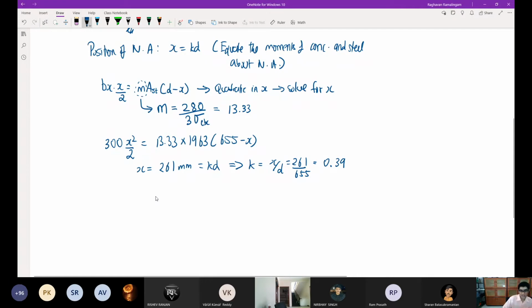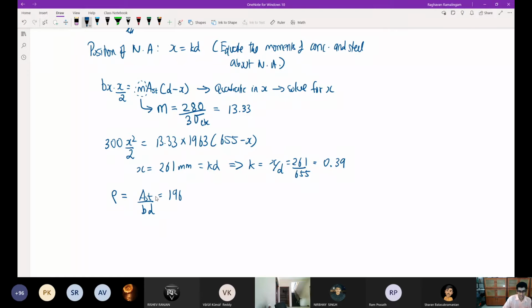There's another alternate method to find this k using a formula. For that, you use a quantity known as rho, which is nothing but Ast by bd.